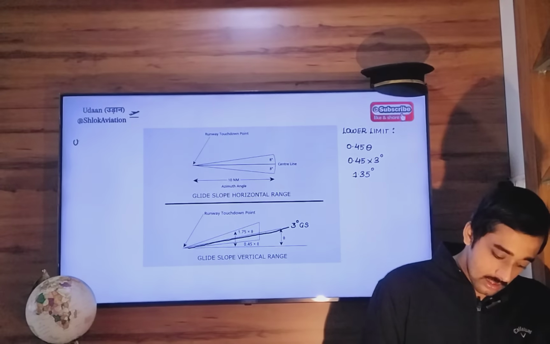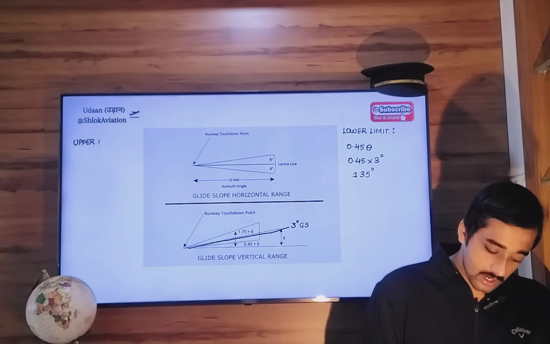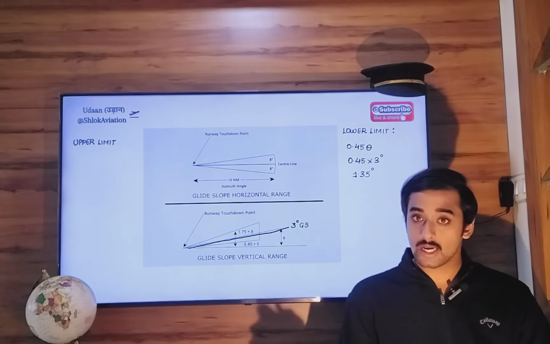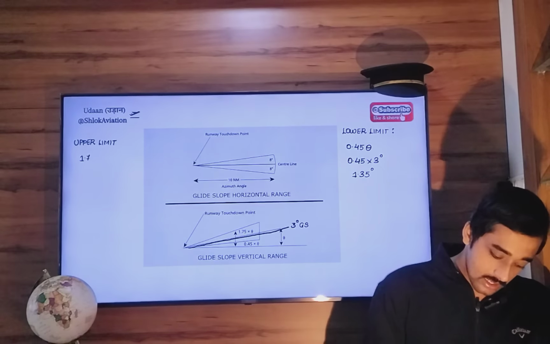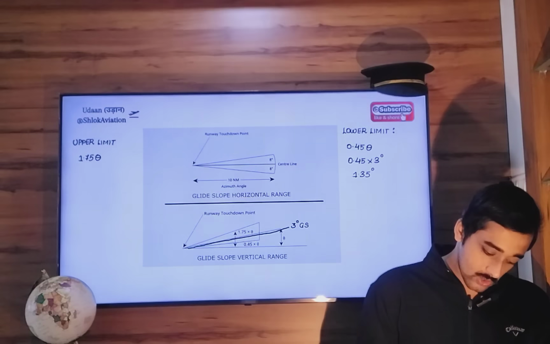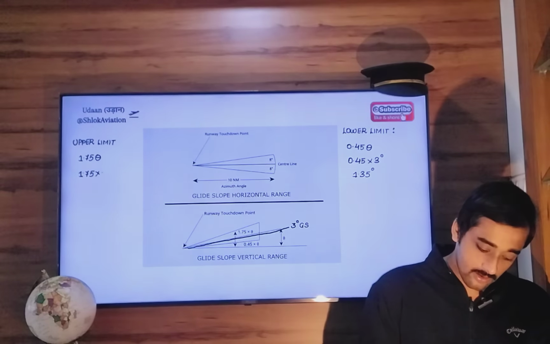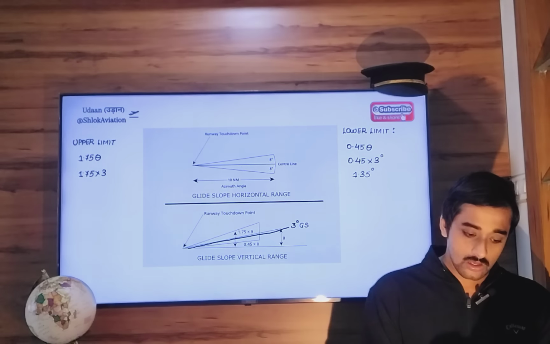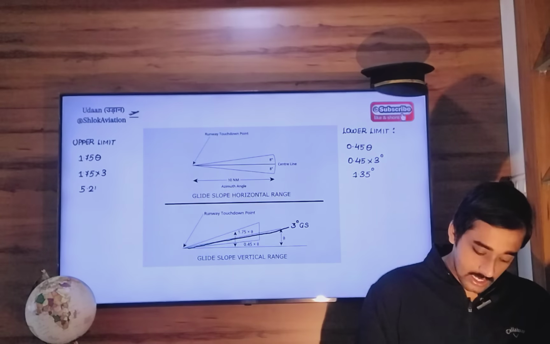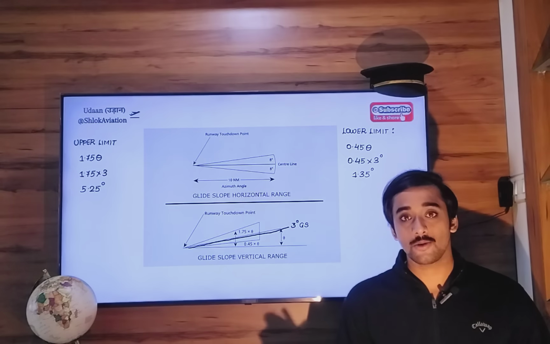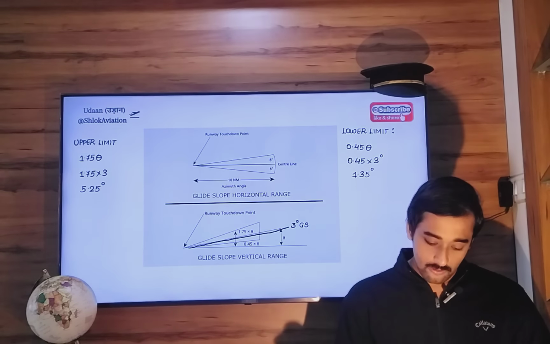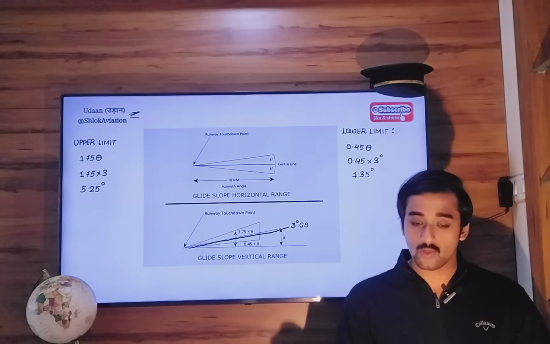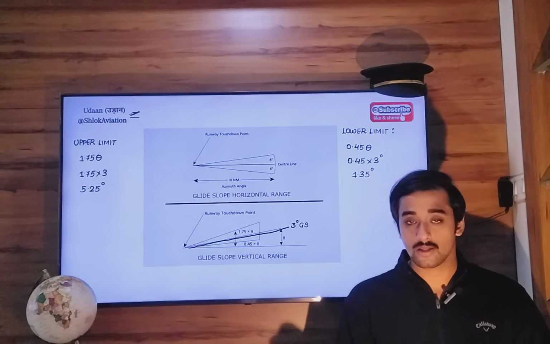Upper limit: the maximum limit above the glide slope is 1.75 multiplied by theta, so 1.75 into 3, which is 5.25 degrees. So the maximum upper limit is 5.25 degrees, and the lower limit is 1.35 degrees above the surface. You cannot go below that angular coverage.